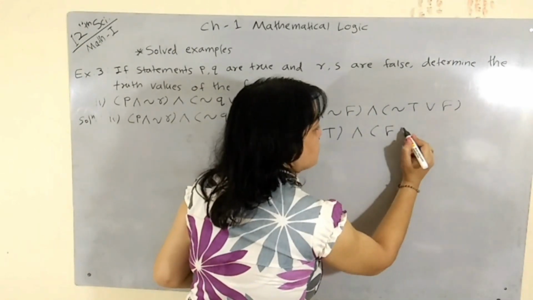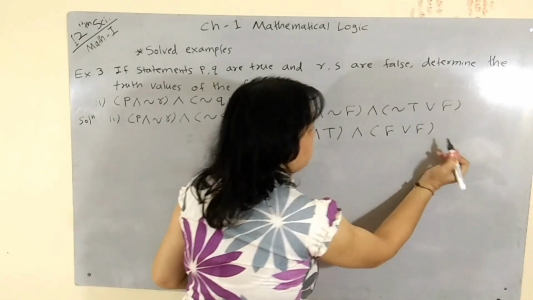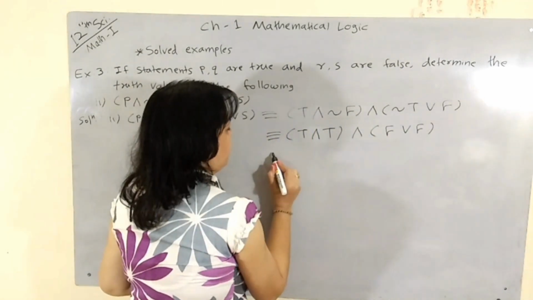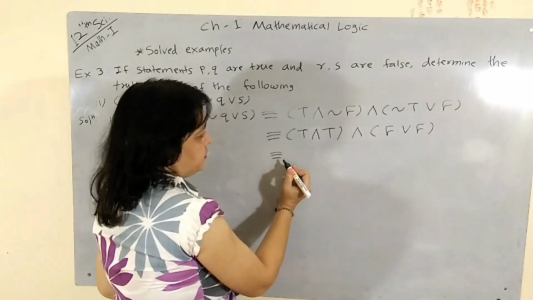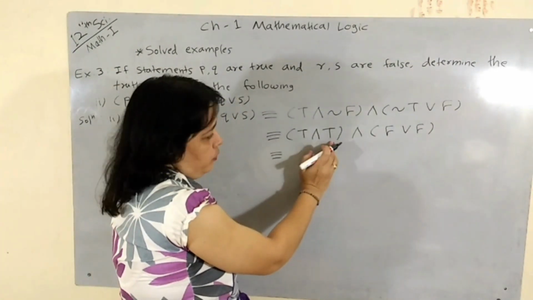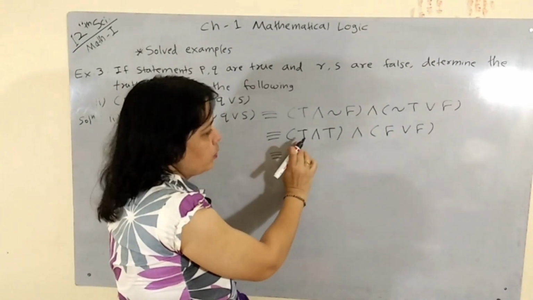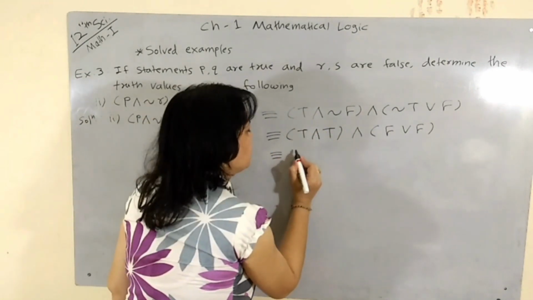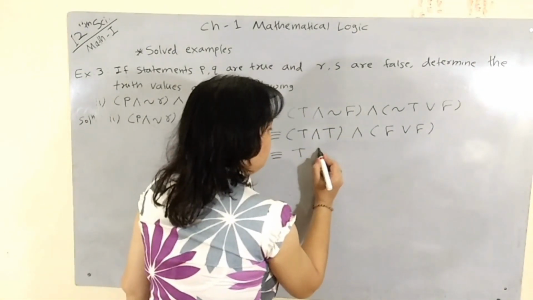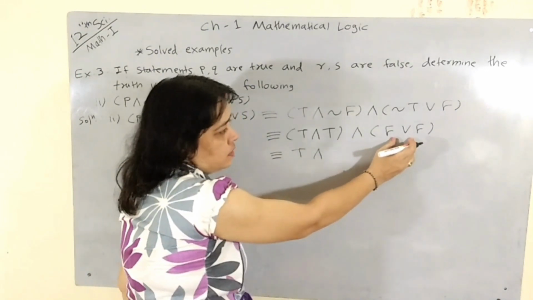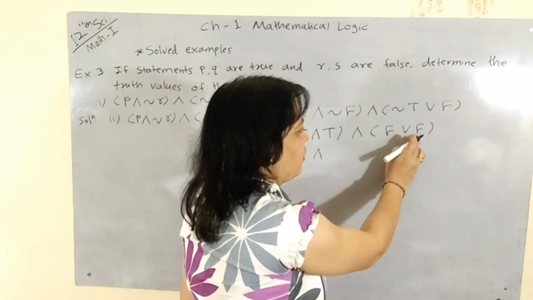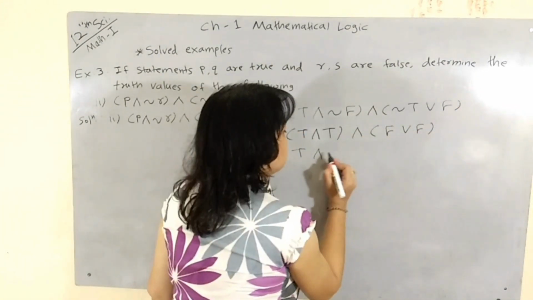It is false or false. True and true, we know that for conjunction, if both are true, then its value is true. And for disjunction, if both are false, then its value is false.